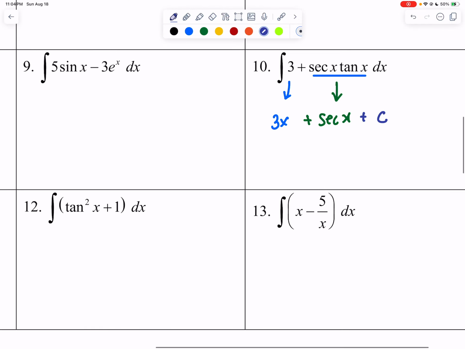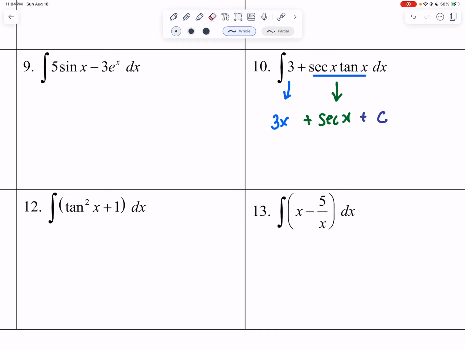Likewise, for number 12, I want to find the integral of tangent square of x plus 1. The problem is, I don't know what the integral of tangent square of x is, right? But I do know that tangent square of x plus 1 is an identity.